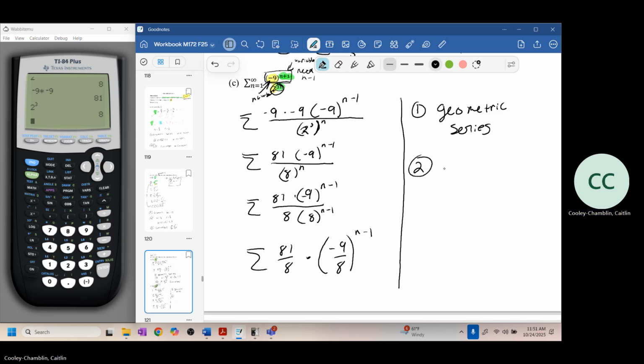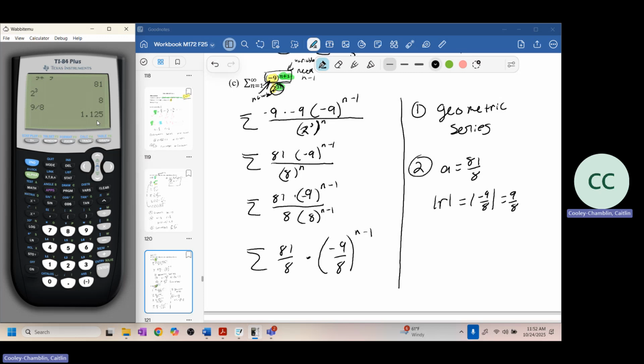2, our A equals 81 over 8. The absolute value of R equals the absolute value of -9/8, which is just 9/8. If you were not sure, 9 divided by 8 is 1.125.